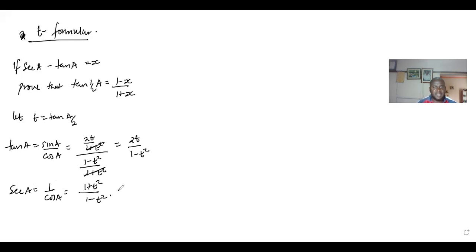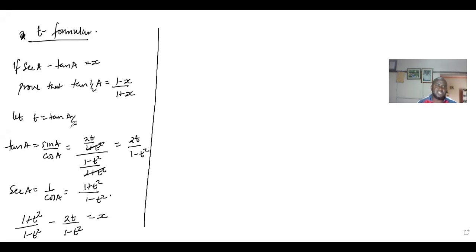Now, according to what they have given us, they have said 1 plus t squared over 1 minus t squared minus tan A, which is 2t over 1 minus t squared. The whole of this is equal to x. So we need to make t the subject, which is tan half A. I will have 1 plus t squared minus 2t all divided by 1 minus t squared is equal to x.